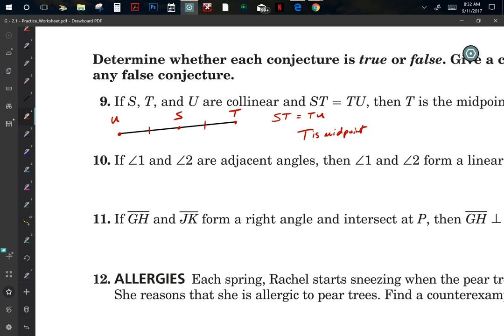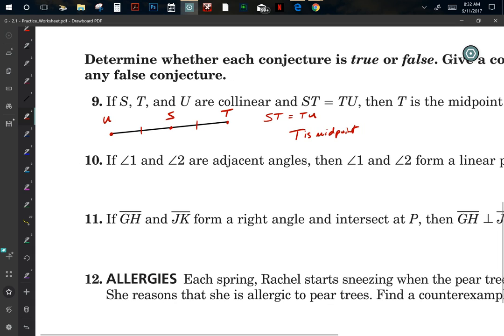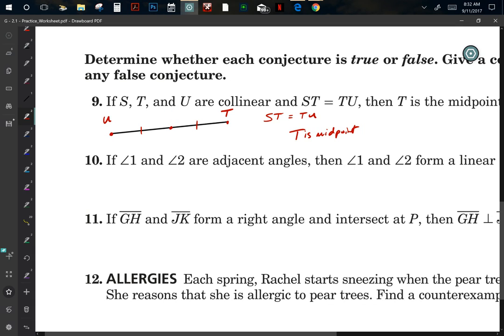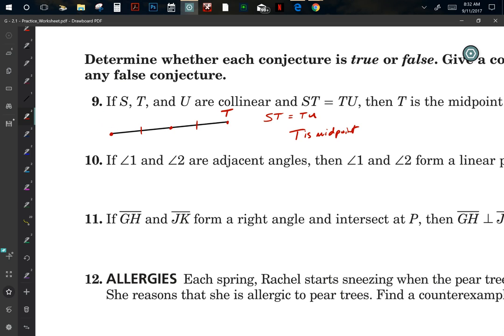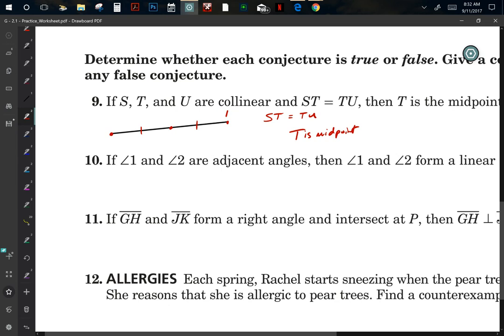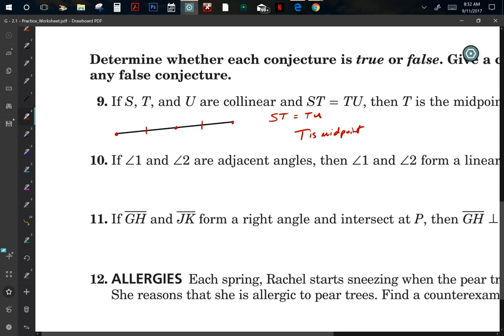But because they didn't say that, I could put S in between and I could still have the same situation, couldn't I? But no, this wouldn't work either. What am I saying? Because right there, TU is not equal to them. But it never says that.